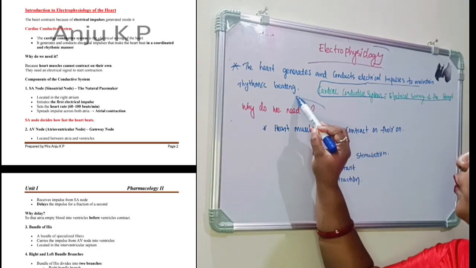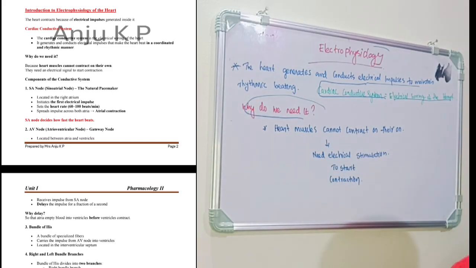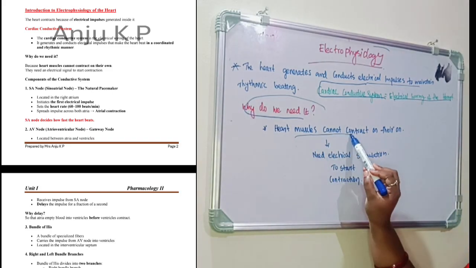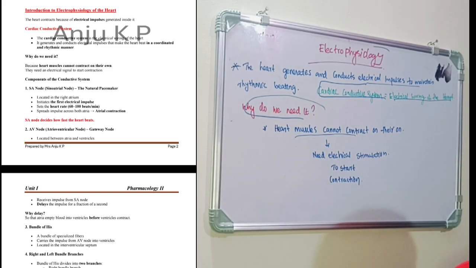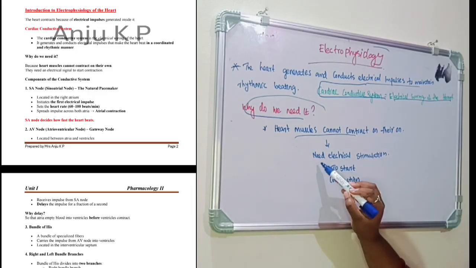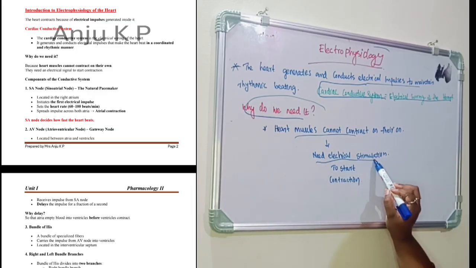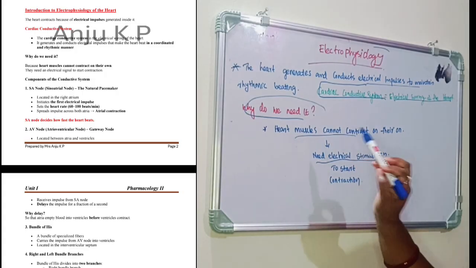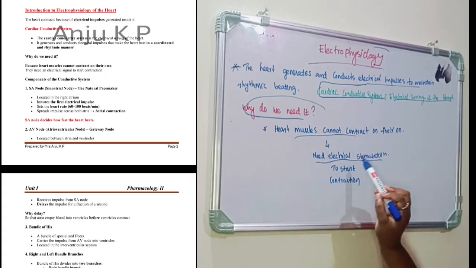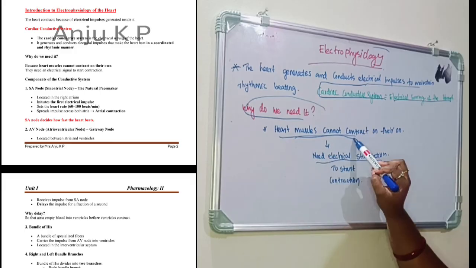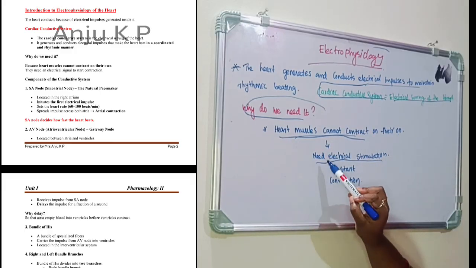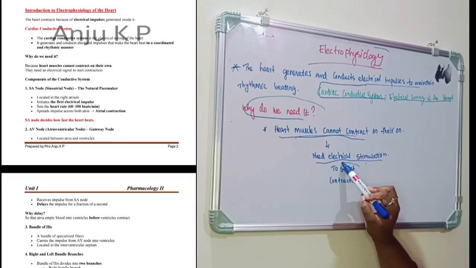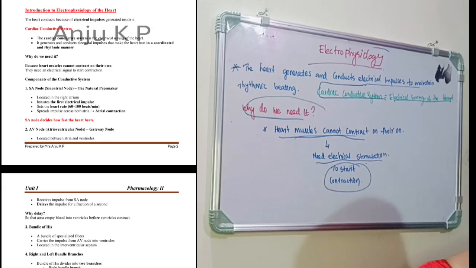So why do we need it? Heart muscles cannot contract on their own. So in that case, we need an electrical stimulation to make the muscle contract and to start the contraction.